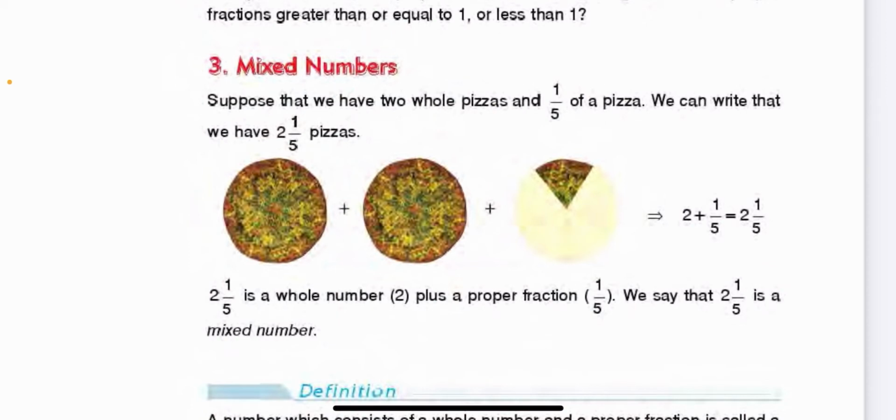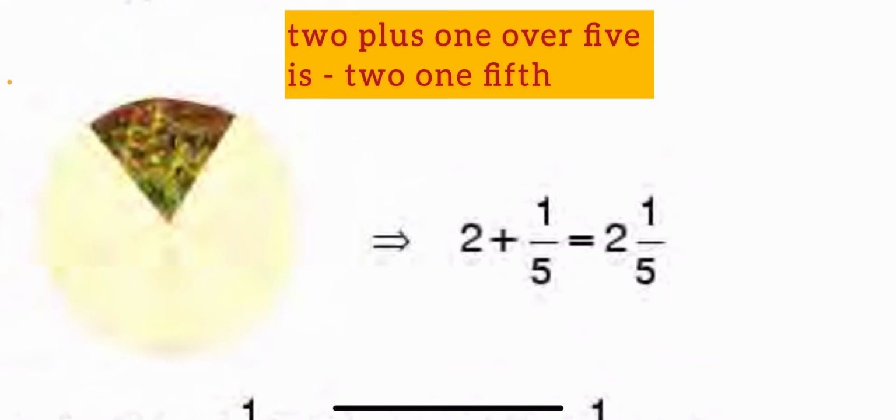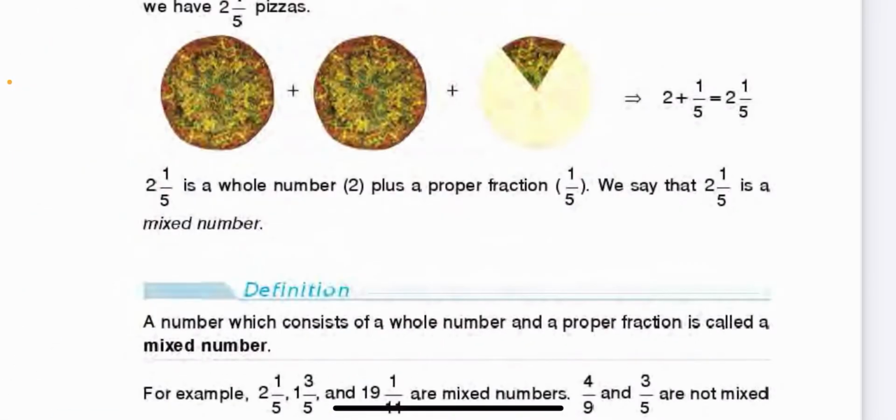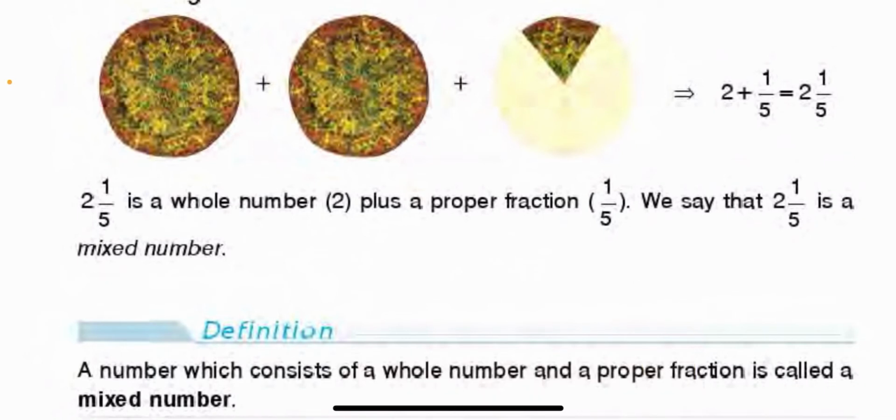Now, about mixed numbers, suppose that we have 2 whole pizzas and 1/5 of a pizza. We can write that we have 2 1/5 pizzas. Pay attention to how I say this number. 2 plus 1/5 equals 2 1/5. Now 2 here is a whole number and the fraction part is 1/5.